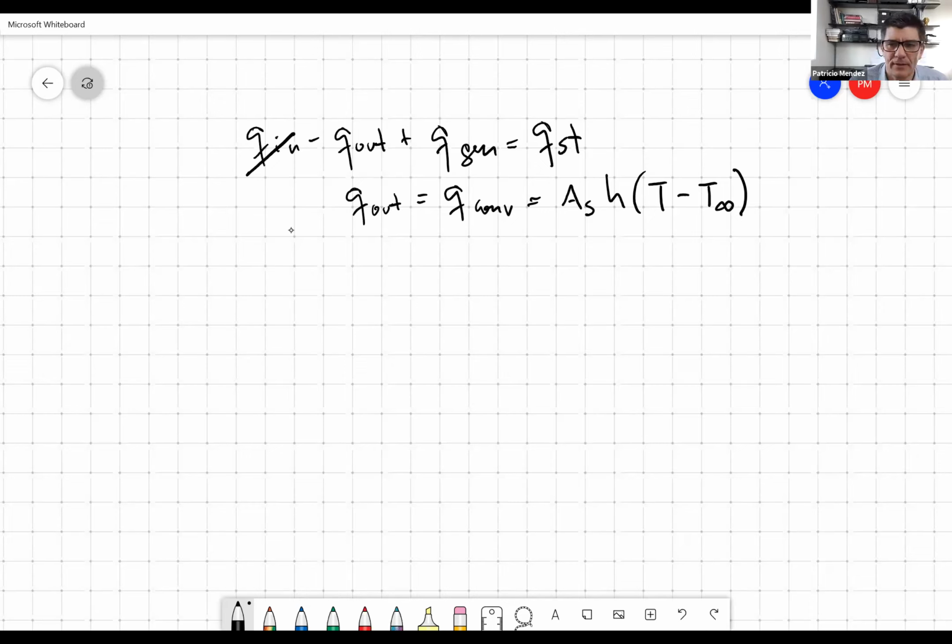Typically, when we write this equation of convection, we say surface area times convection coefficient times Ts minus T infinity. But I didn't write Ts this time. I just wrote T. Anybody has thoughts about why it is just T and not Ts?